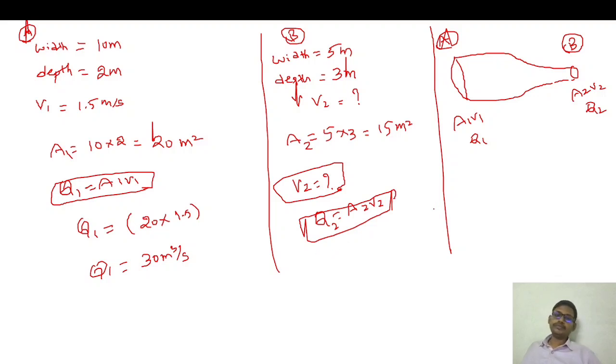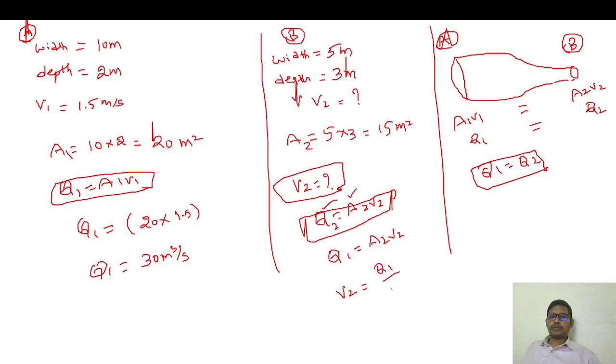So we know A2, but we don't know Q2. But already there is a thing called Q1 equal to Q2. Now Q1 is equal to A2 V2, such that V2 equal to Q1 by A2. V2 equal to, what is Q1? 30. What is A2? 15. So now you will get 2 meters per second.